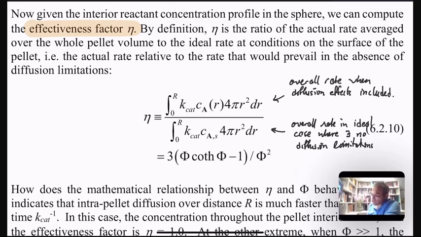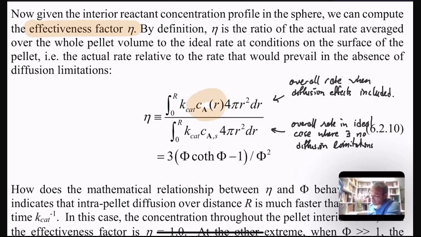But usually what happens is that this effectiveness factor, eta, maxes out at a value of 1 when you're in that small Thiele modulus limit where you get penetration of the reactants all the way into the interior of the pellet. When you're in the large Thiele modulus limit, then the effectiveness factor becomes small because no reactants are reaching the interior of the pellet.